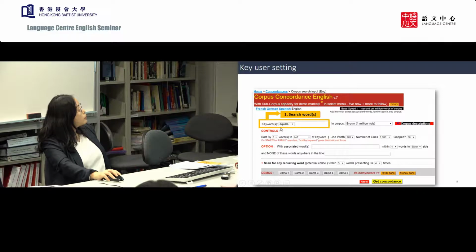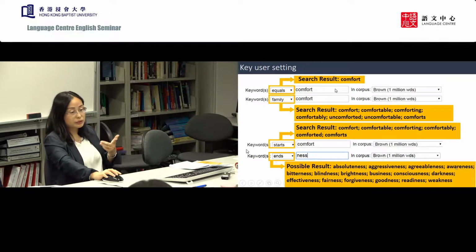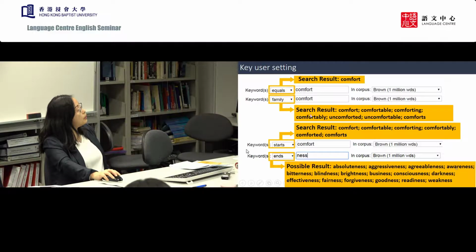So you enter the keyword here, and it has 4 search functions. Equals: that means if you enter comfort, you only search comfort, but not comforts or comfortable. Family: if you enter comfort, you can search comfortably, uncomforted, uncomfortable.